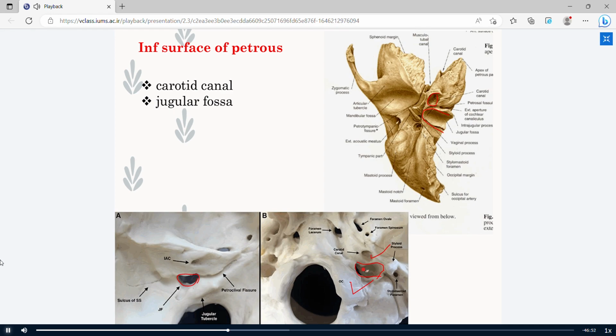Through the jugular foramen, the vagus nerve, glossopharyngeal nerve, accessory nerve, and internal jugular vein pass between the neck and skull.